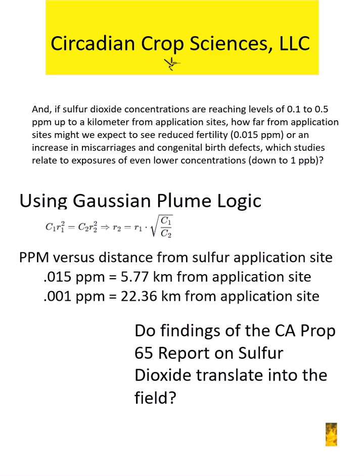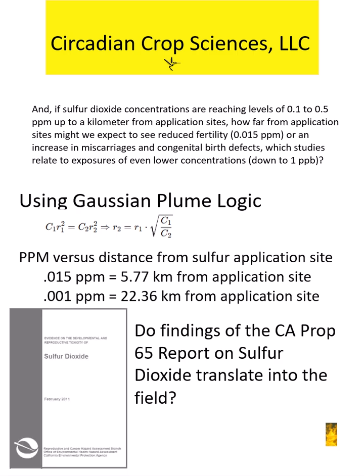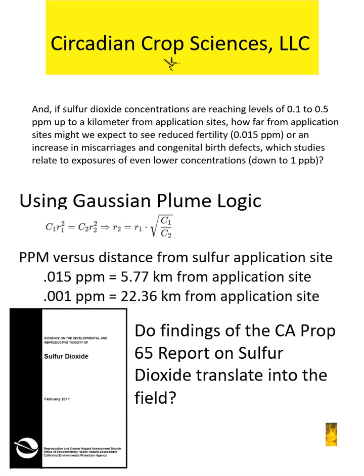Using a simple gas diffusion model, and knowing that we are seeing up to 0.5 parts per million of sulfur dioxide, likely up to a kilometer from application sites, we can calculate at what distance we might see these lower concentrations that are attributable to reduced fertility and birth abnormalities and miscarriages, etc. And in doing so, we can see that up to 5.77 kilometers from application sites, we might see rates of sulfur dioxide that could be reducing fertility in these areas.